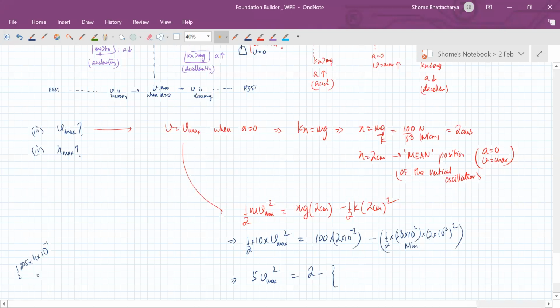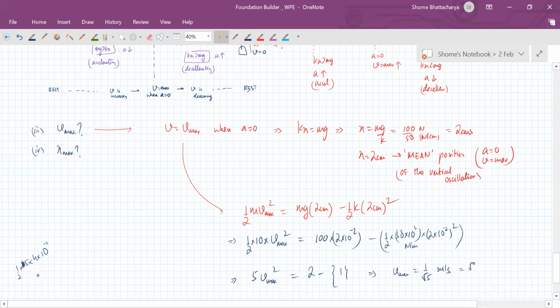Oh, sorry, this is 5, not 25. That's right. So this will be 1. So V max will become 1 by root 5 meters per second.